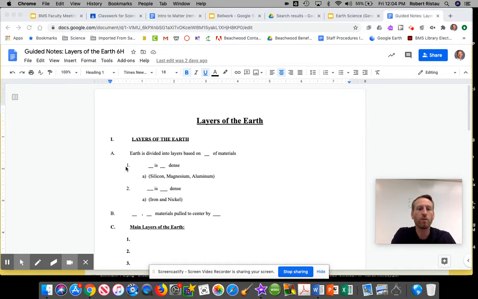So A1 and 2 here relate back to whatever this note is on A. That's how they work, and with indentations and an outline numbering system it's a good way to keep everything organized so it's easy to see as you go through it. So let's go through and talk about some of these layers of the Earth.